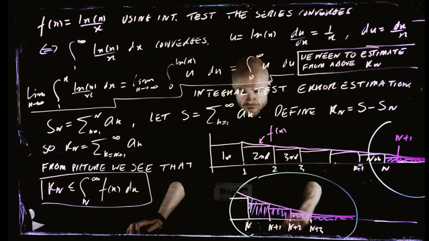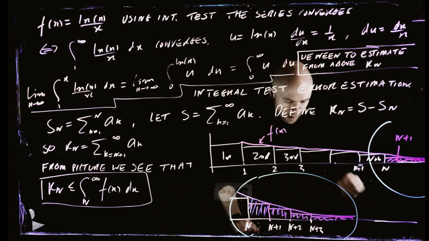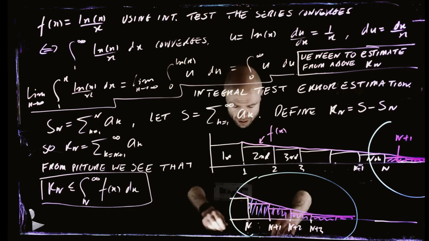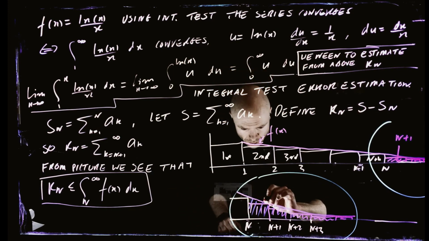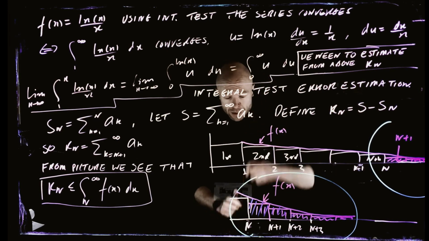Think about what we did before. Perfect, perfect. You guys are doing fantastic. We're going to do exactly the game we did before. So this function here is the function f of x that recovers our sequence, which lives on top.